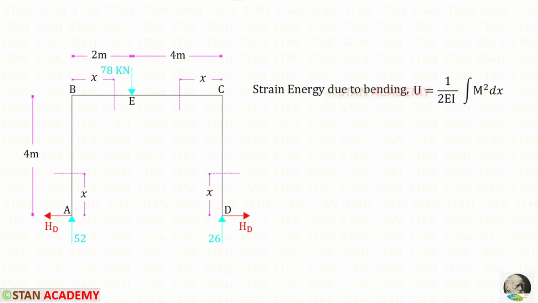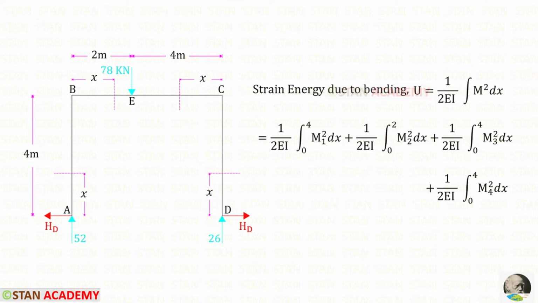You can see that I have made 4 sections. This section at a distance of x from A, this section at a distance of x from B, this section at a distance of x from C, and this section at a distance of x from D.